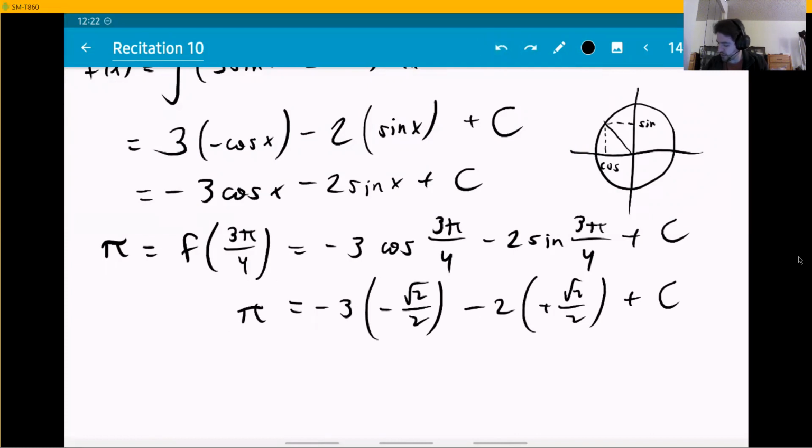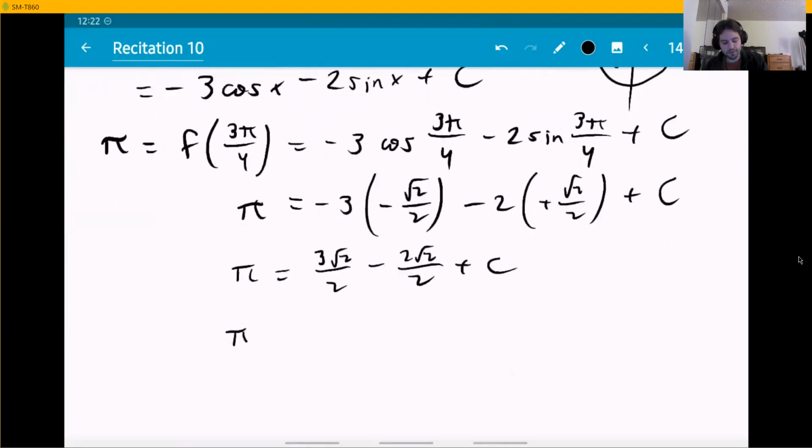So now you just solve for c. You have a 3 times root 2 over 2 minus, let's say, 2 times root 2 over 2 plus c. So that's pi equals root 2 over 2 plus c. C is equal to pi minus root 2 over 2.